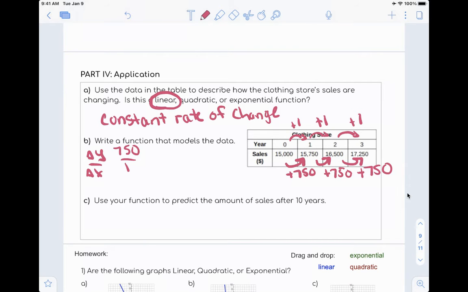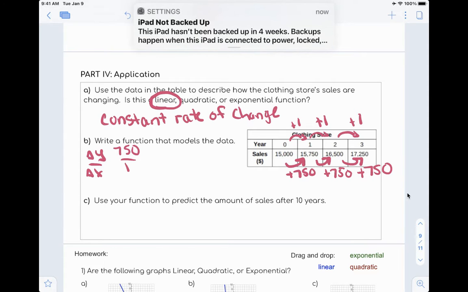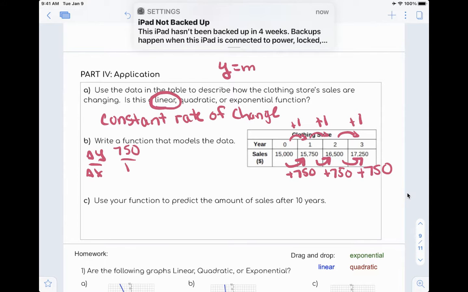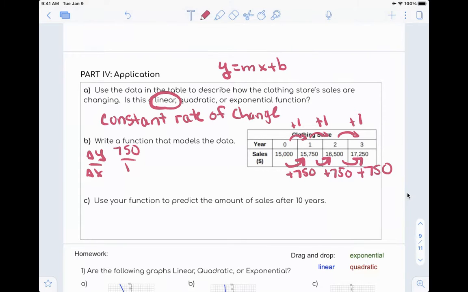Now, a linear function, there's different representations. And one way to represent a linear function is something called slope-intercept form. And so slope-intercept form is y equals mx plus b. And m is our constant rate of change, or our slope.